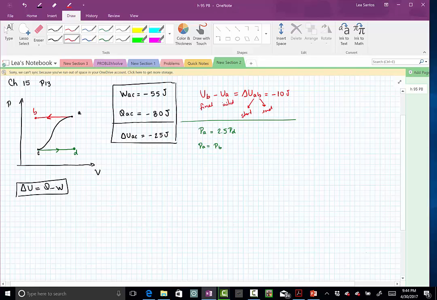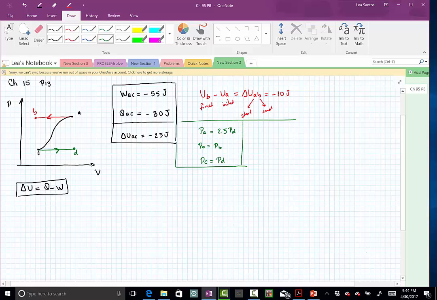I also know that the process as I go from C to D, expanding my gas, is another isobaric process, so PC is equal to PD. Let's keep also this information here.